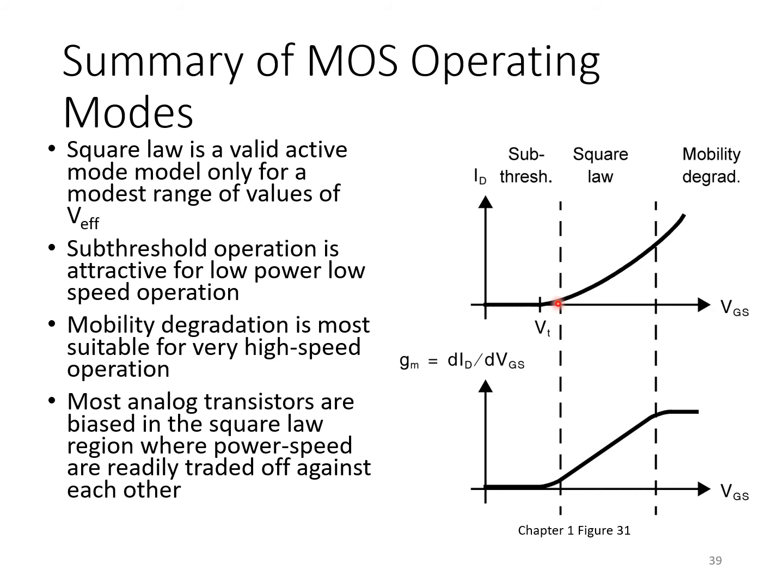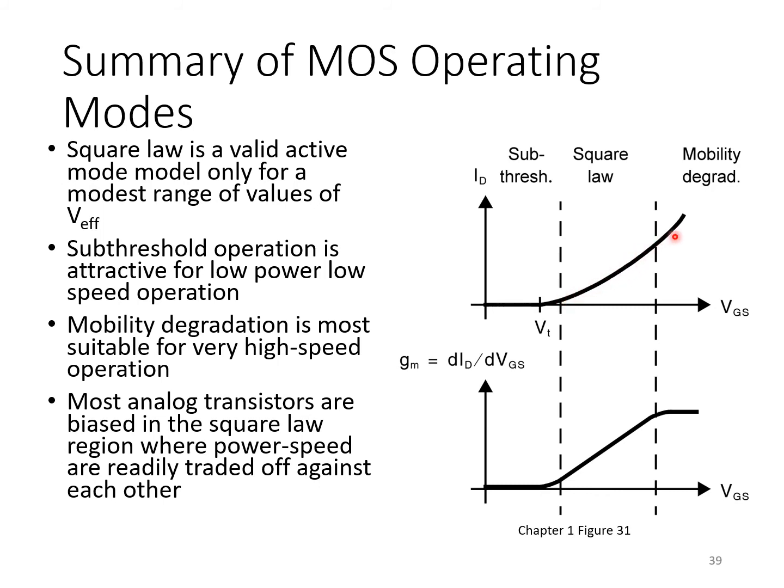Once we get to values of V effective below 100 millivolts, certainly below 50 millivolts, we start observing a voltage current relationship that's more closely predicted by the exponential relationship for subthreshold. So the square law regime is bounded on the lower side at V effectives of about 50 or 100 millivolts, and on the upper side by this technology parameter 1 over 2 theta for V effective. And that can be as low as a few hundred millivolts or even lower.